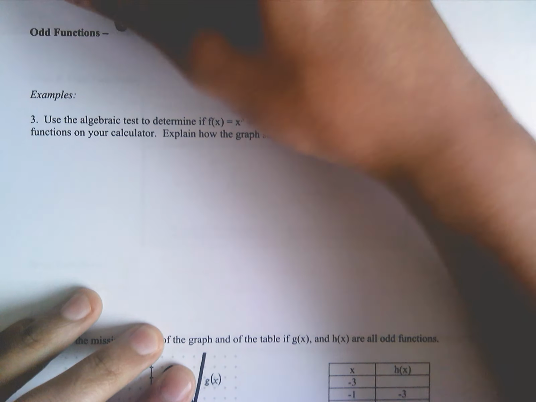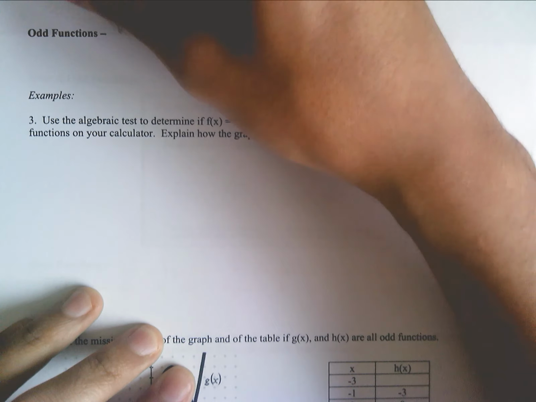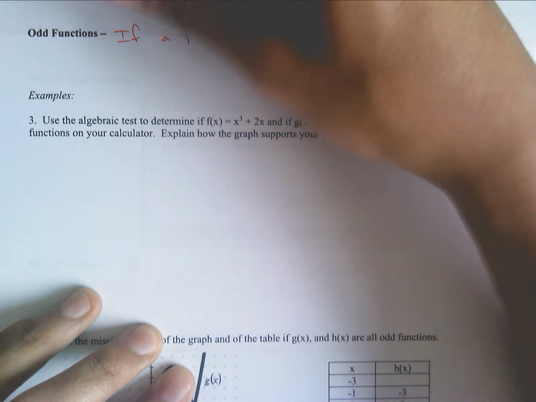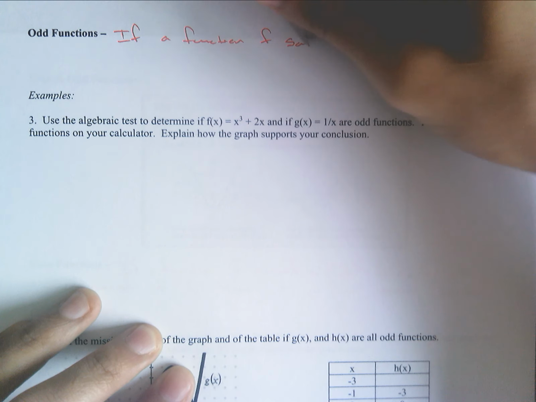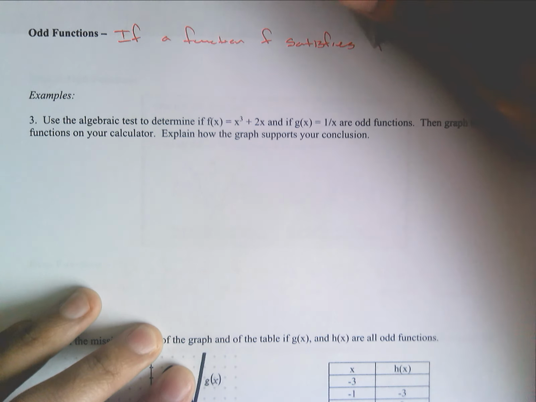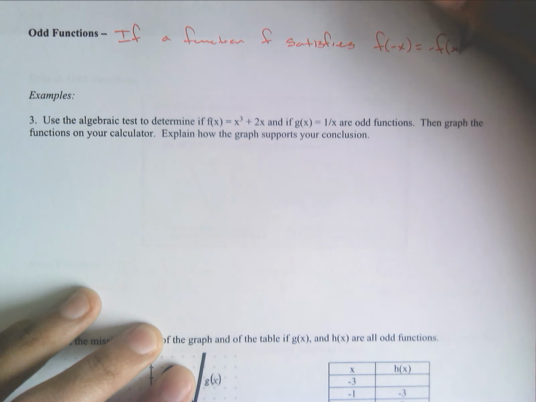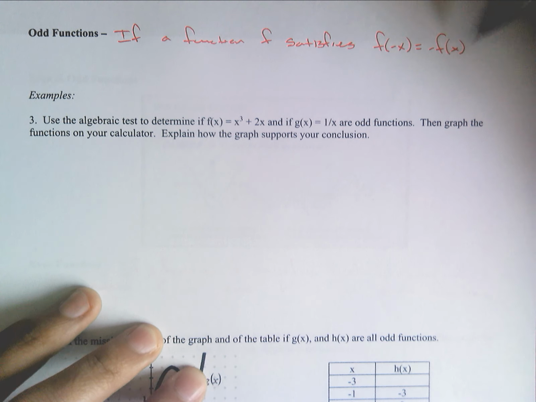We'll say that if a function f satisfies, now the definition here is f of negative x equals negative f of x. So we're saying a reflection over the x-axis is equal to a reflection over the y-axis. Other way around. Y-axis is equal to x-axis.